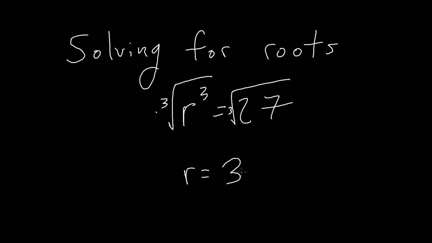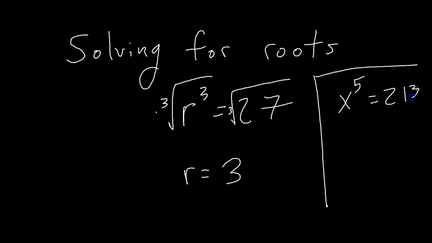If it's a rather cumbersome question, like maybe x to the fifth power equals 213, you should know that the thing to do is to take the fifth root of both sides: x equals the fifth root of 213.